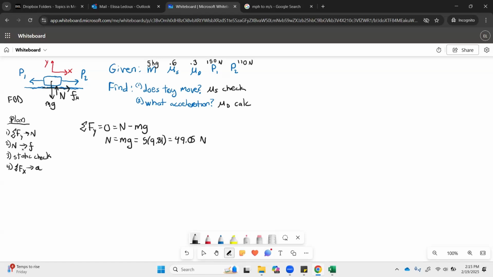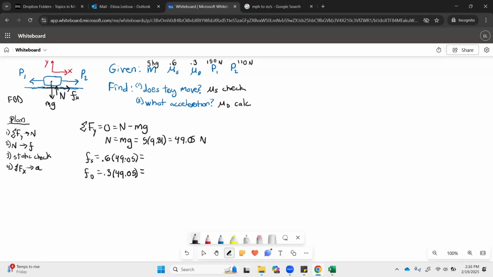So then from normal force, we get friction force. We'll go ahead and calculate static and dynamic friction both because we'll need the dynamic for part 2 of this question. So static friction equals the coefficient times the normal force. So that would be 0.6 times 49.05. And then the dynamic friction is going to be 0.3 times that 49.05.